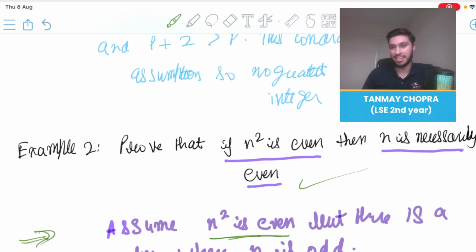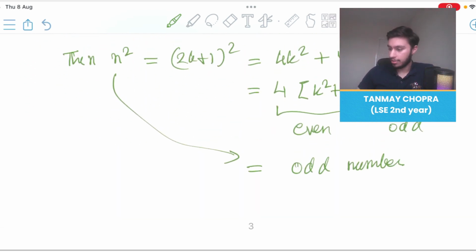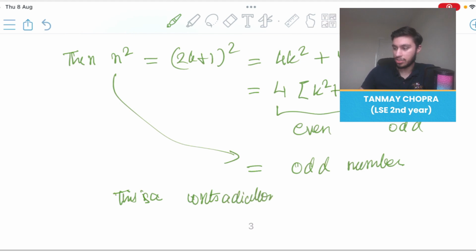By getting this, it is a contradiction. I just write this is a contradiction to our assumption that n squared was even.